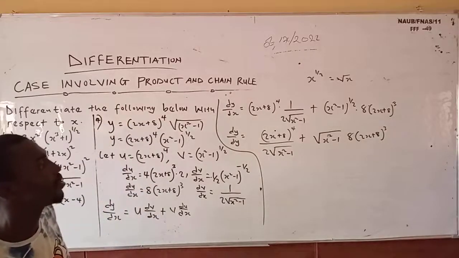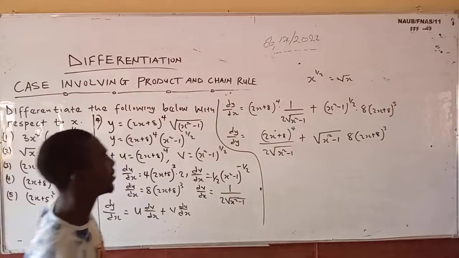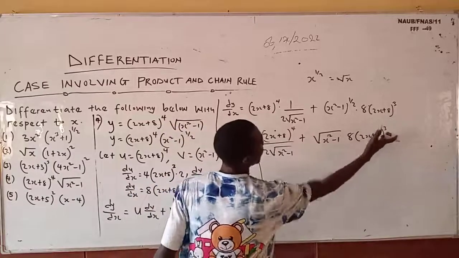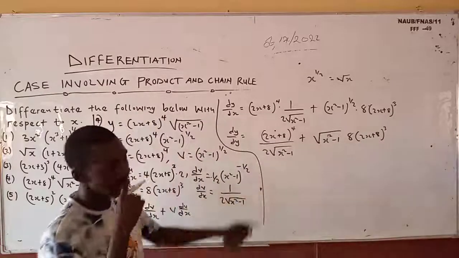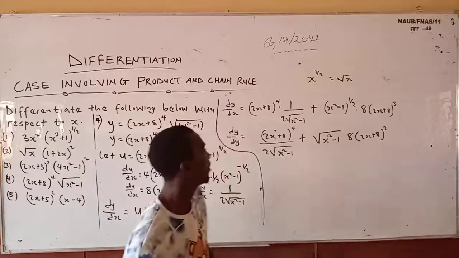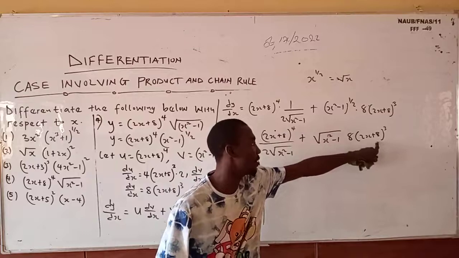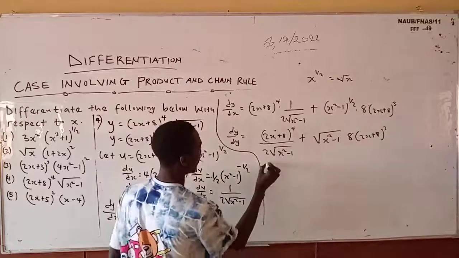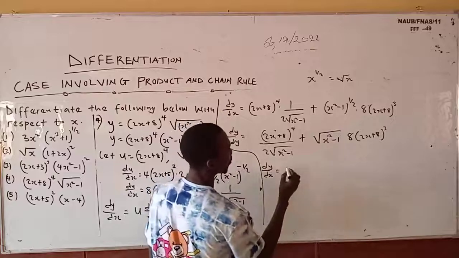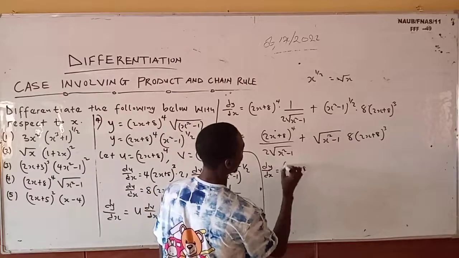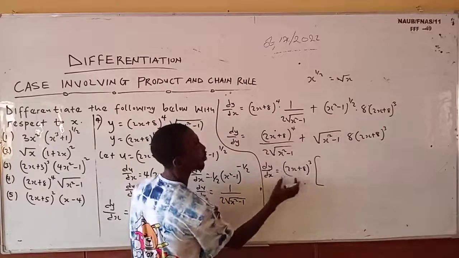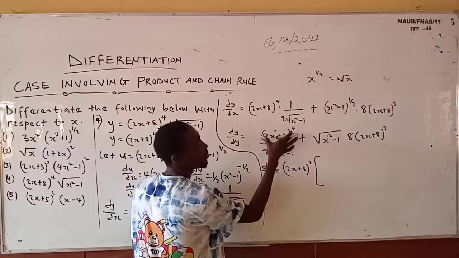So you can decide to leave your answer like this, or you can decide to factor out, because we have this here, but this is to the power of 3 here, to the power of 4 here, right? 2s plus 8 to the power of 4, 2s plus 8 to the power of 3. So you can factor out 2s plus 8 to the power of 3. So it means dy over ds will be equals to 2s plus 8 to the power of 3 into, if I factor out 2s plus 8 to the power of 3 here, we'll be left with 1 here.